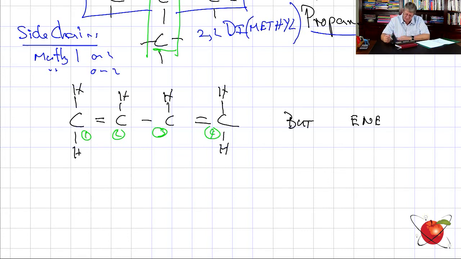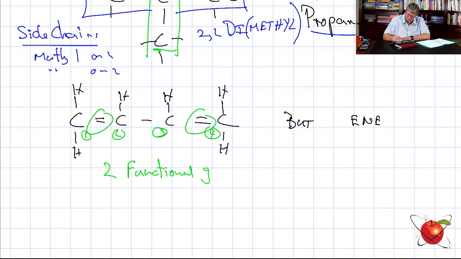Okay, so in other words, my actual thing is bute, but I have got 2 functional groups. Okay, there's 2 enes.